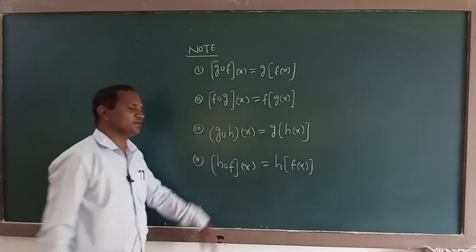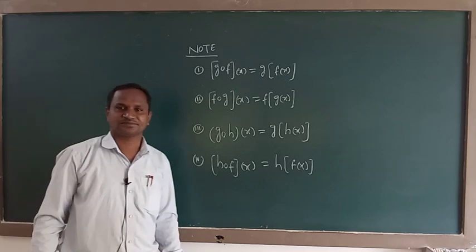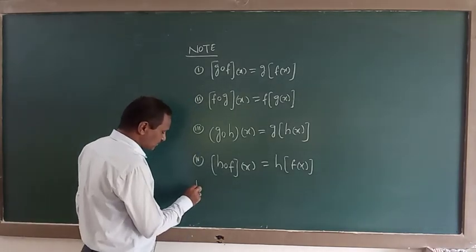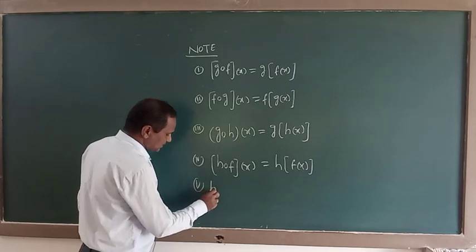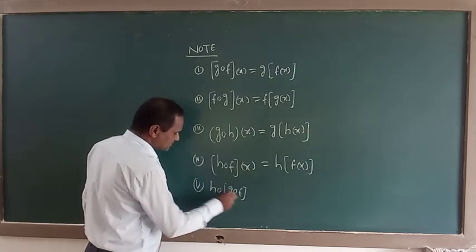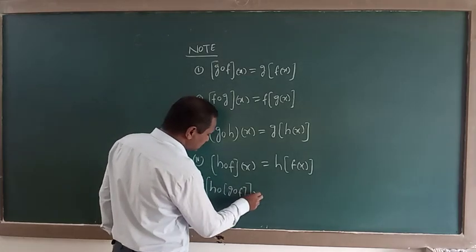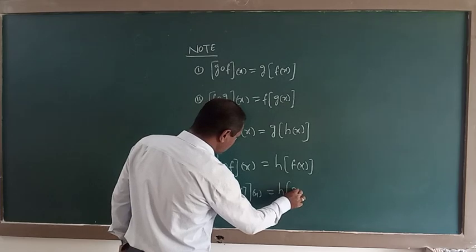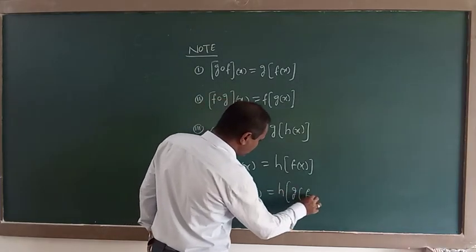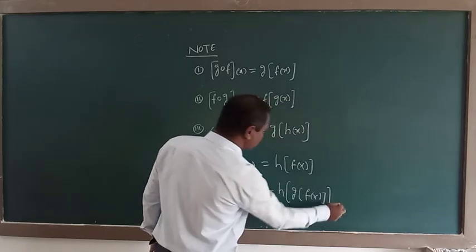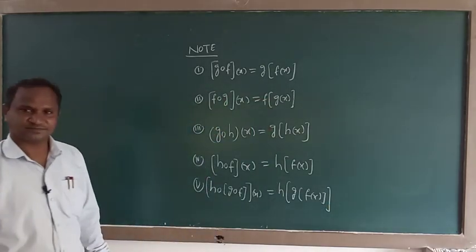Like that we can give many formulas here. Fifth: h circle g of g circle f of x, which we can write as h of g of f of x. Like that we can also give definitions.